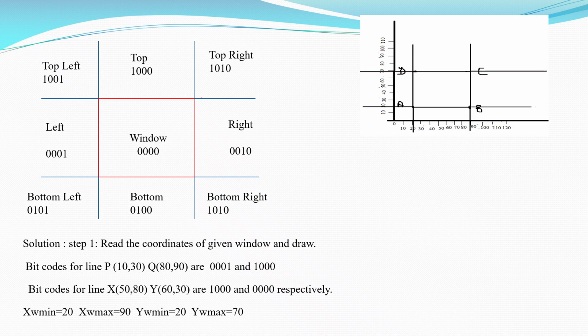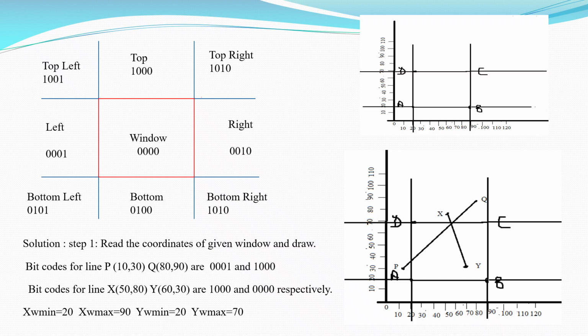We have to find the 4-bit region code according to the region code. P is here and Q is here, and this is our window. So both P and Q are outside the window.